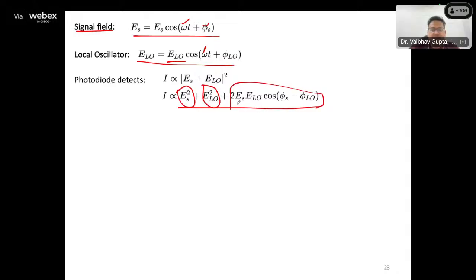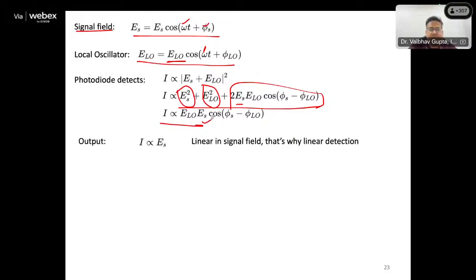And this term is directly proportional to E_S, not E_S square, because up to now it was depending on E_S square, as a square law detector, right? Once it is directly depending on the local oscillator or signal strength, we simply call this a linear detector, because now it is linearly proportional to the strength of your signal. So that is why it's called linear detection.